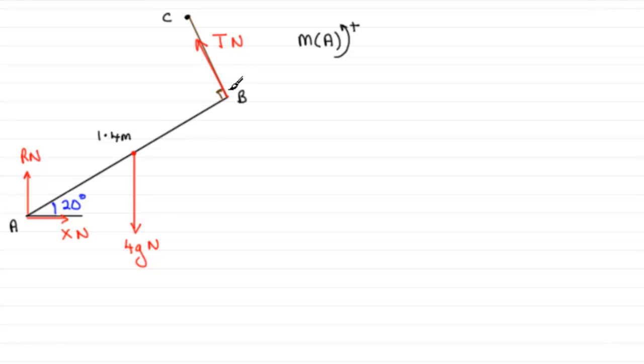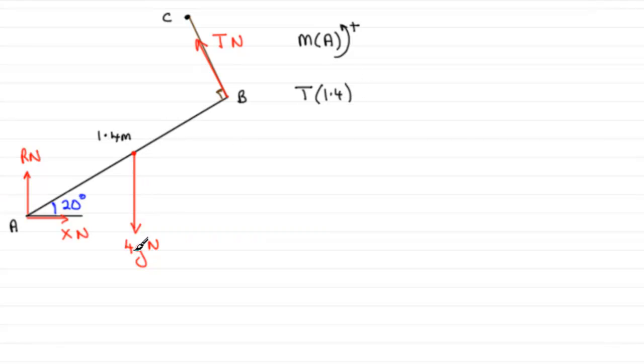So if we take moments, remember it's going to be the force times the distance back to A. And if we start with T, it is going to want to turn AB in an anti-clockwise sense, in the positive sense. So it's going to be T multiplied by the distance 1.4. Okay, so we've got that one.